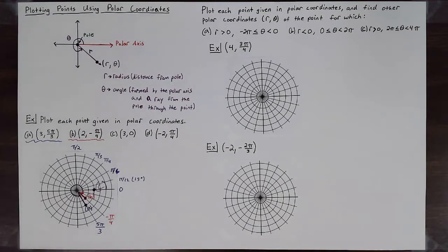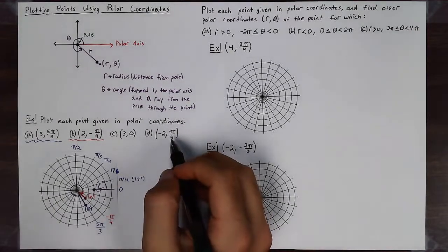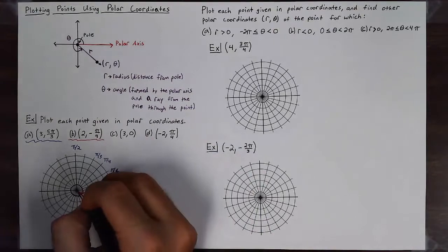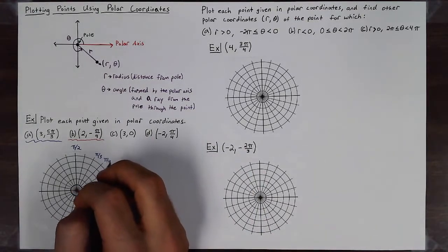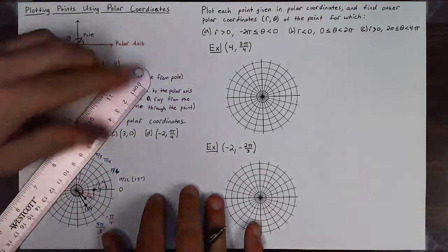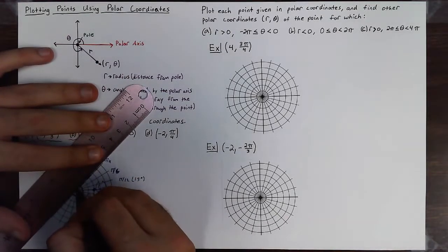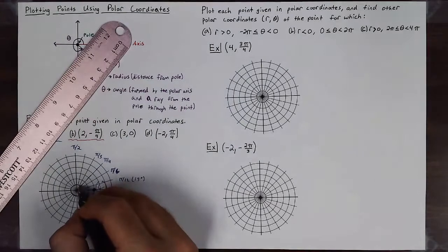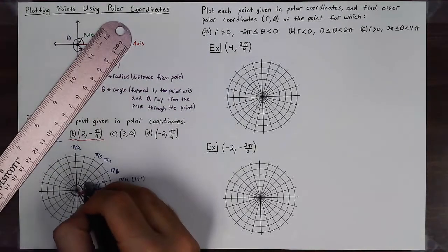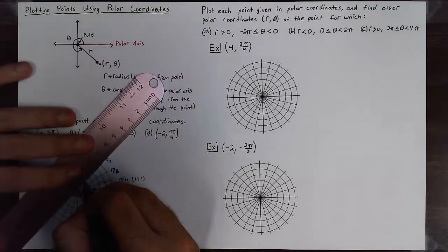And then lastly, if I want to do point D, this one has a negative radius. So what does that mean? Well, what you would do is rotate to pi over 4, but instead of going outwards 2 along the angle, you'll actually go in the opposite direction.